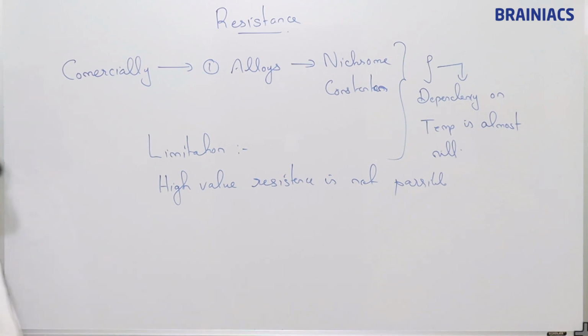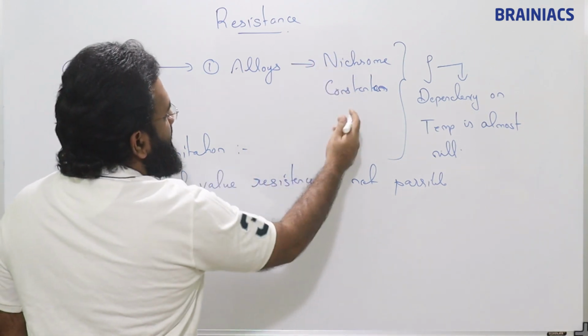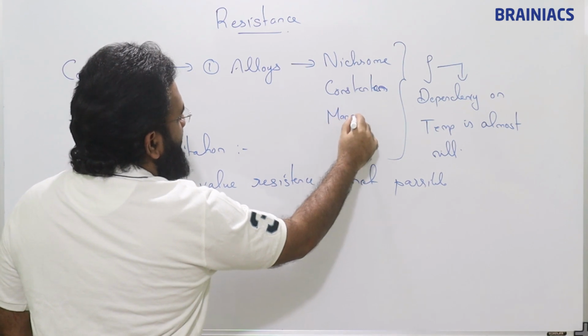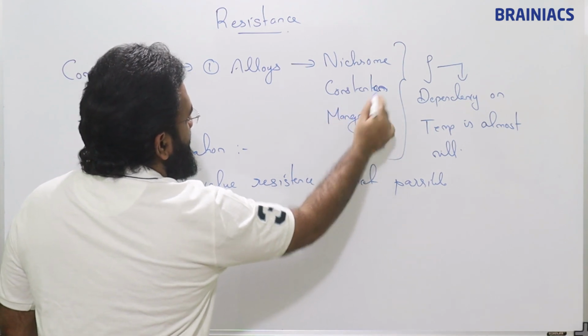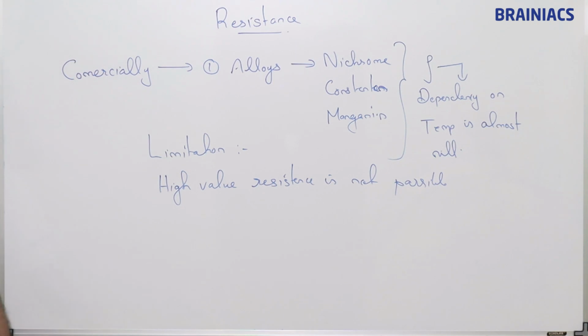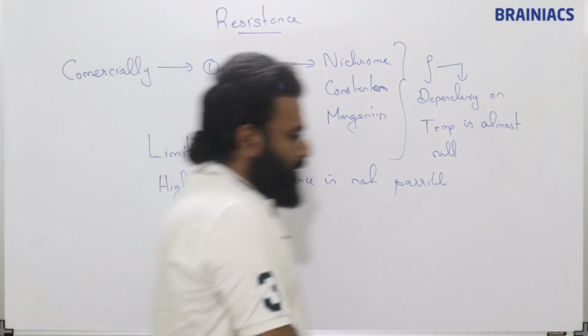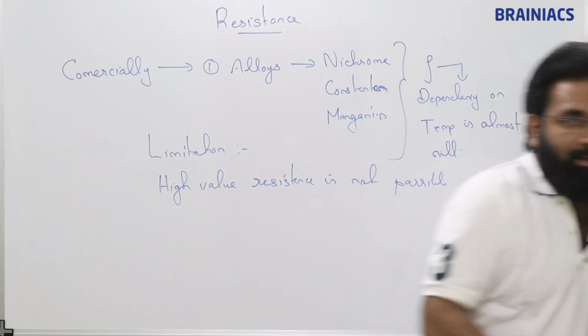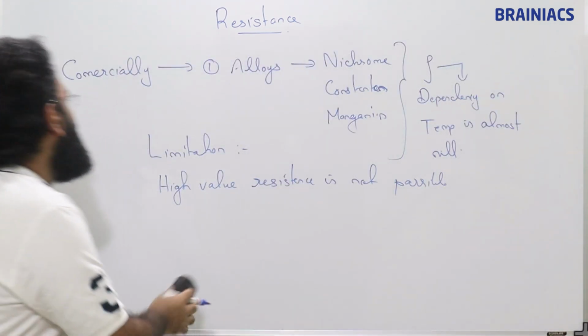Note it down: nichrome, constantan, manganese is also an example. Pause the screen and note it. So high value resistance is not possible. That is the limitation, practically speaking, when we go for commercial use.